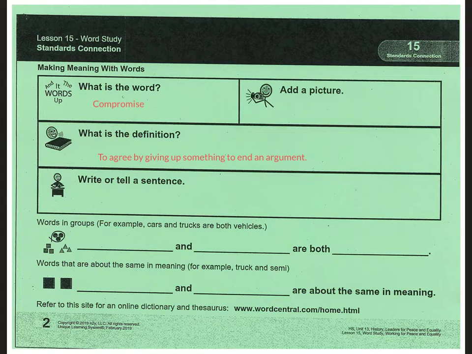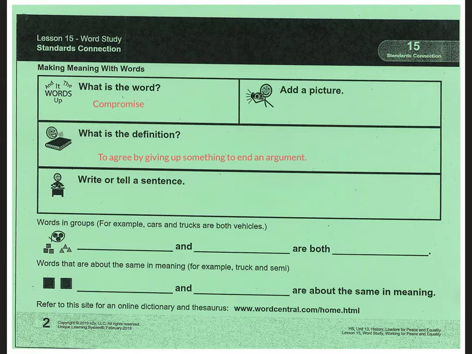So a compromise means to agree by giving up something to end an argument. Sometimes you might not even be in an argument, but you need to come to a middle ground. You need to come to an agreement in order to feel like each side got a fair deal.